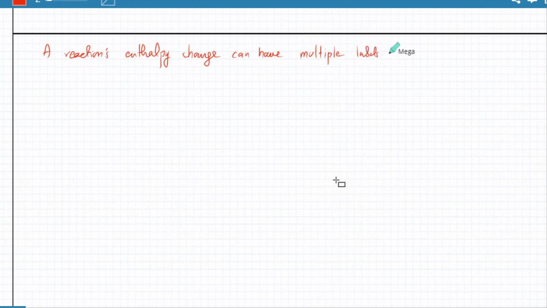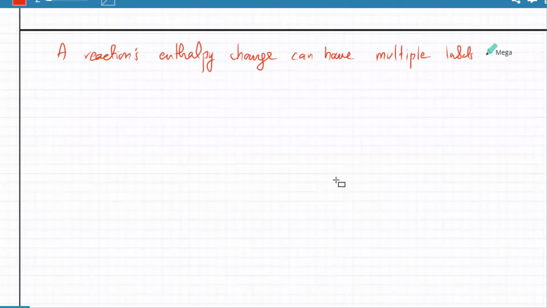So all around you, you have multiple labels. A single thing can have multiple different classification systems. I'll give you an example first. Here's a reaction: H2 gas reacting with half an oxygen gas molecule.